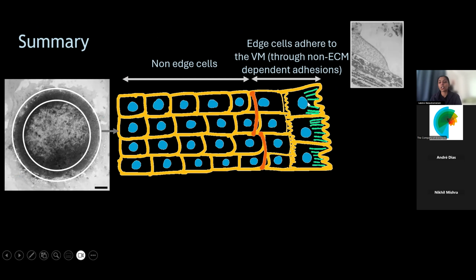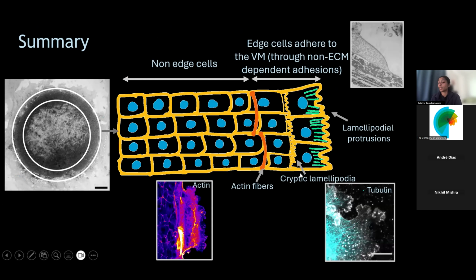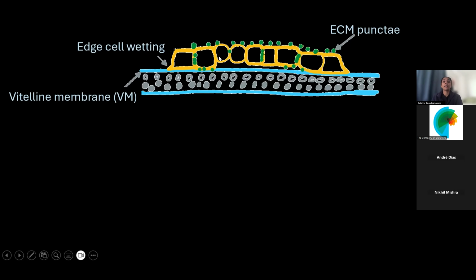And this expansion itself is guided by, which I didn't have the time to talk about and am happy to chat about, an actin mediated process and a tubulin mediated process, because when we block these two, we see a reduction in the expansion rate. And this expansion is guided by sensing of the stiffness of the vitelline membrane, because when we alter the stiffness, we do see a reduction in expansion.